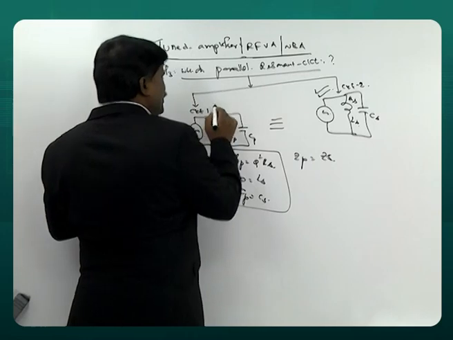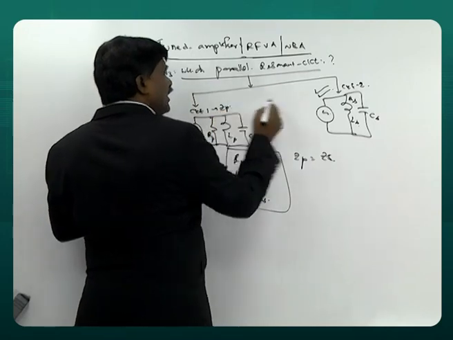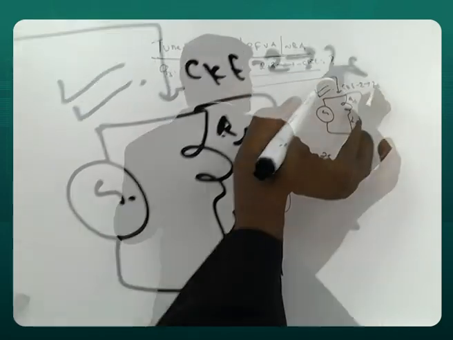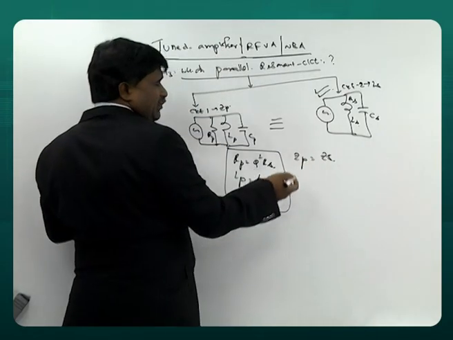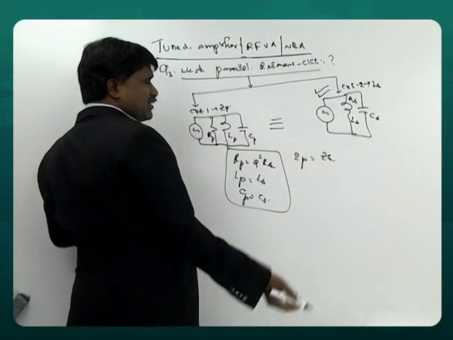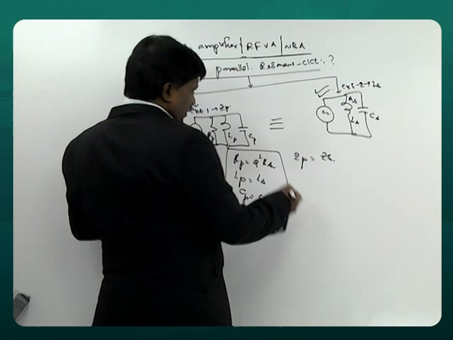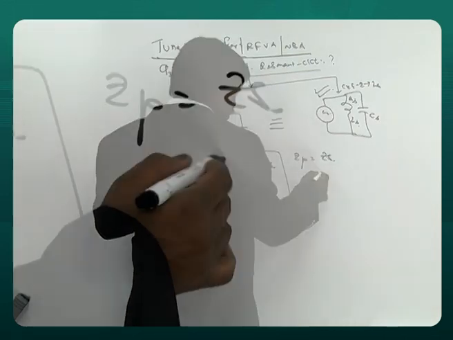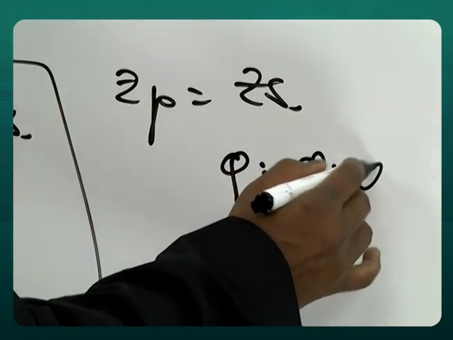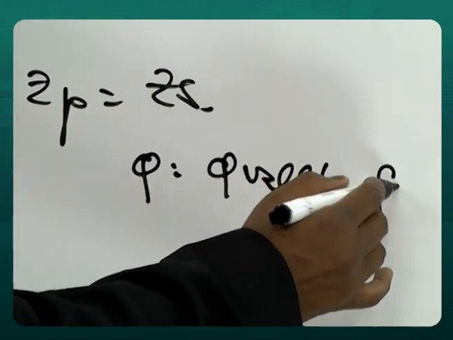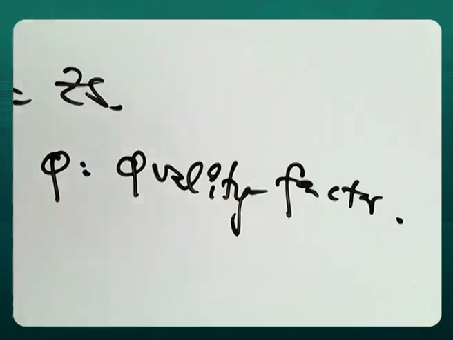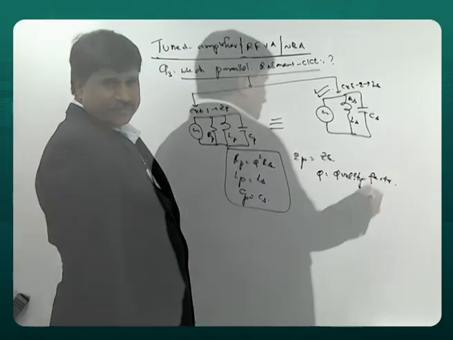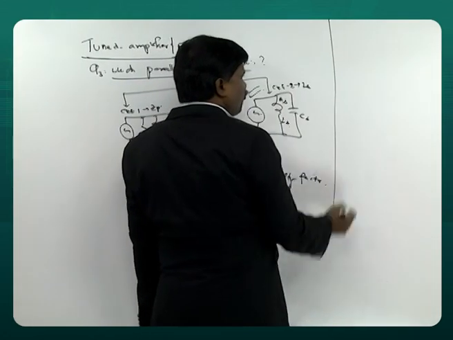For example, you call this as ZP, and what of the impedance comes here, you call it as ZS. If you equate them and equate the real values and imaginary values, you'll get this. Where the quality factor is, Q is nothing but quality factor. That's our question 3.